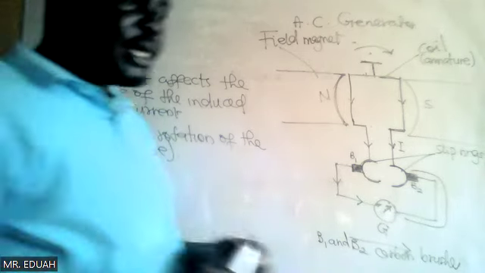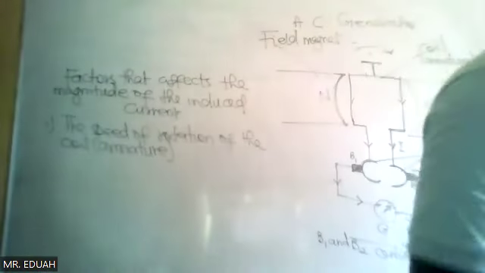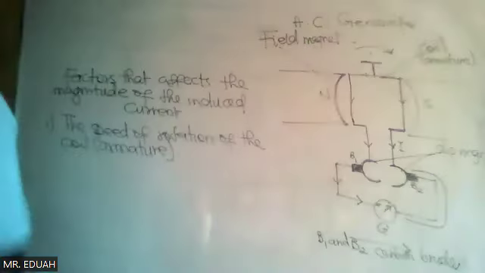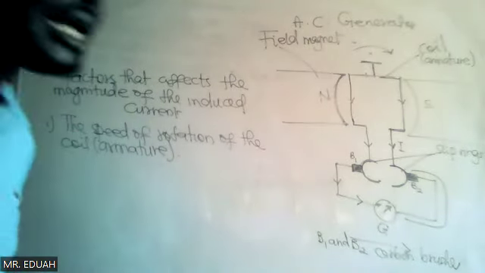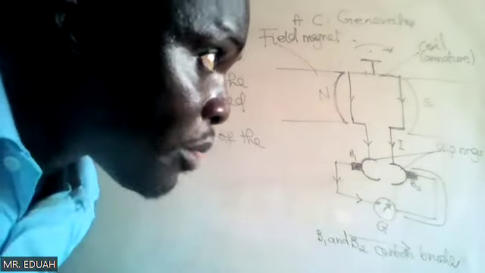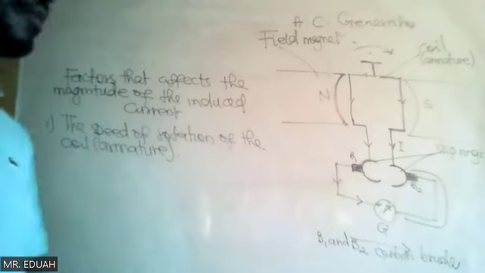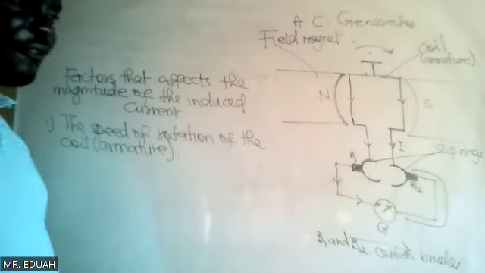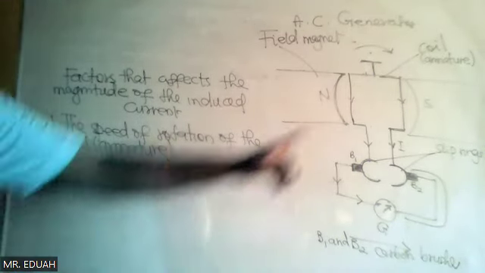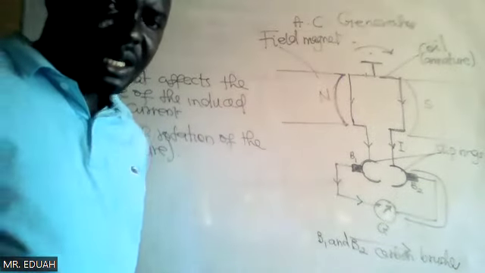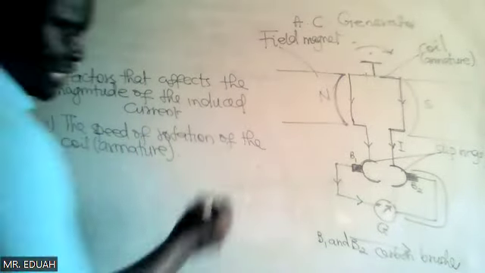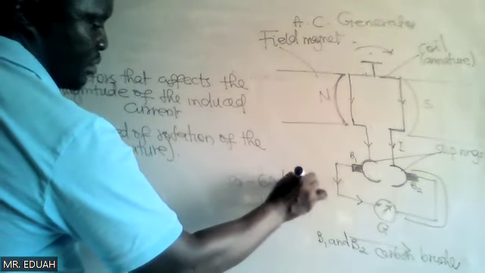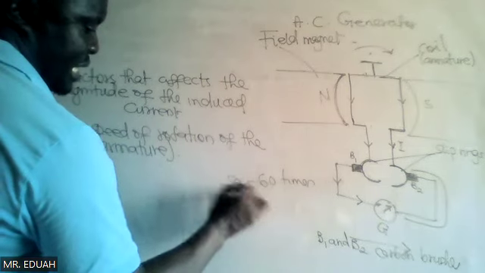So that is why we need something that can rotate the coil fast. In the turbines used in generators, whether hydro or the generators we use at home, the armature has to rotate 50 to 60 times within a second.